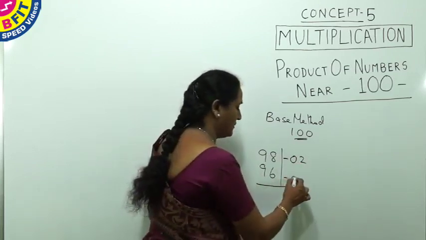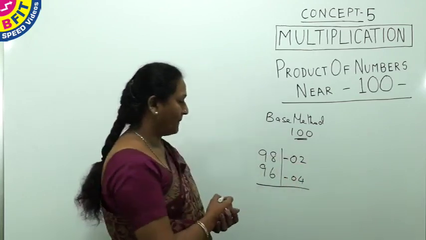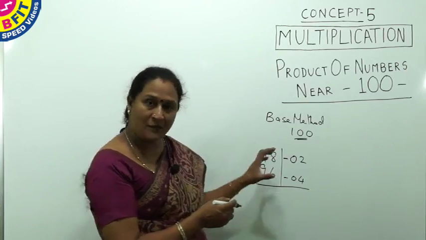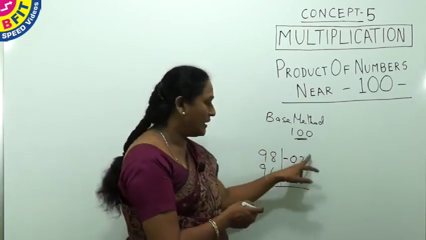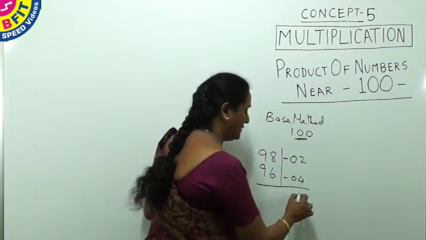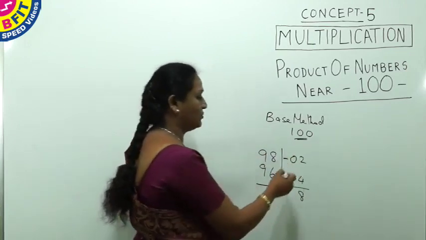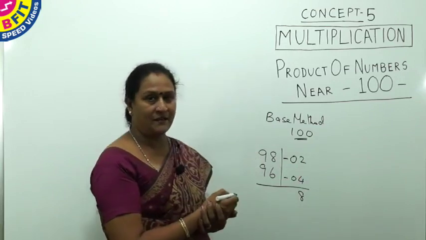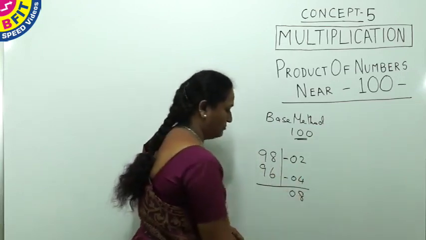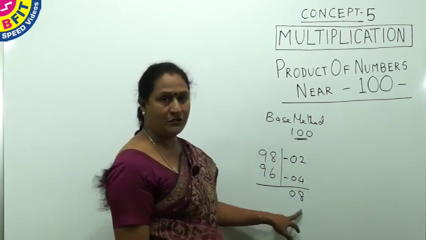That is minus 04. Now to find the product of 98 and 96, instead of multiplying 98 and 96, multiply 2 and 4. What is the product of 2 and 4? It is 8. So minus 2 into minus 4 is plus 8. As it is a single digit, you add a 0, so here we have 08.